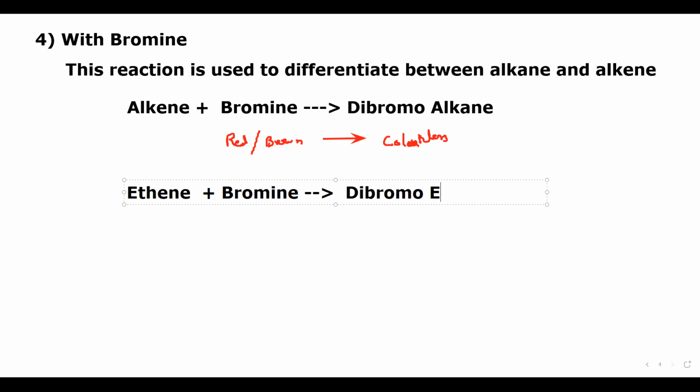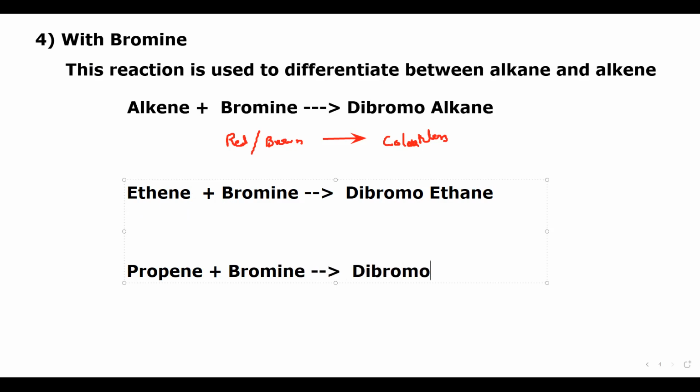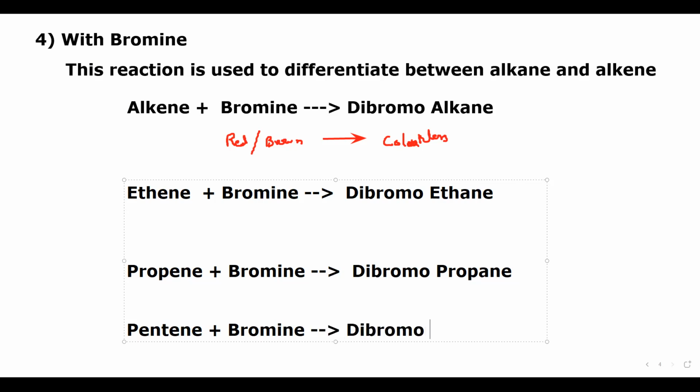So dibromoethane will be there. If we have propene plus bromine, this will give dibromopropane. If we have butene or pentene plus bromine, this will give dibromopentane.